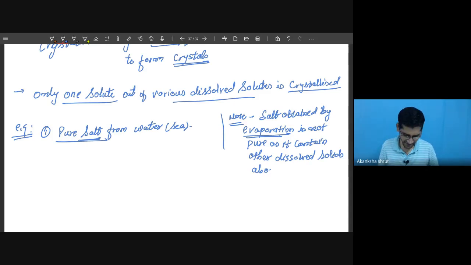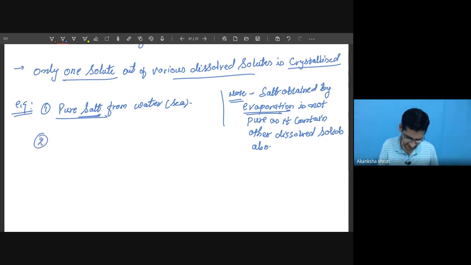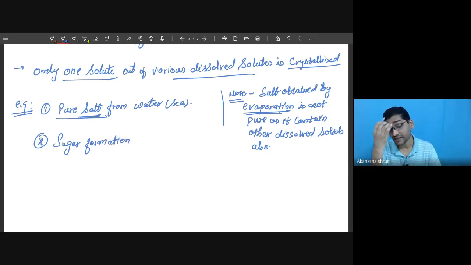Are you getting this? The next one is crystal of sugar. How is it formed? Sugar formation in the sugar industry. There are various kinds of sugar, but this pure white sugar is obtained by the process of crystallization from cane juice.